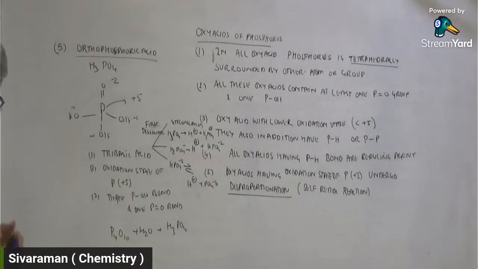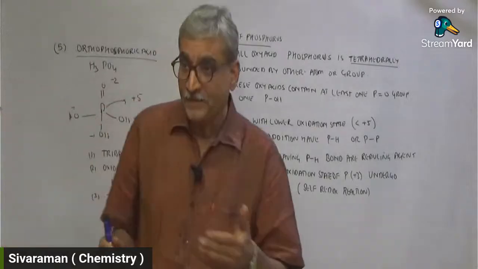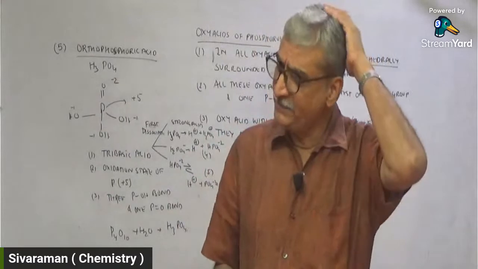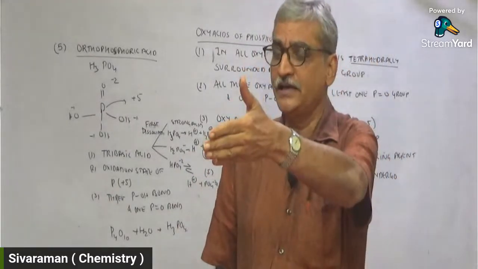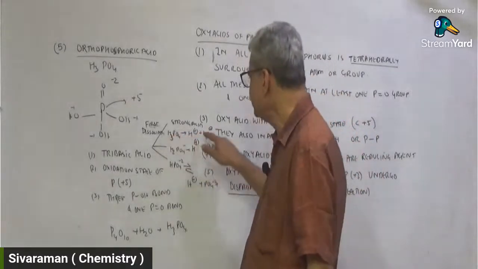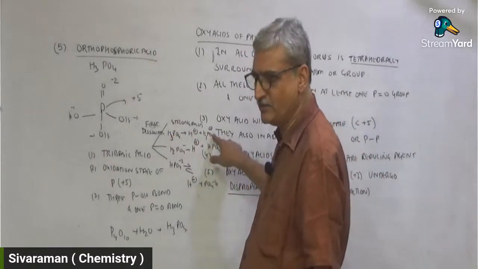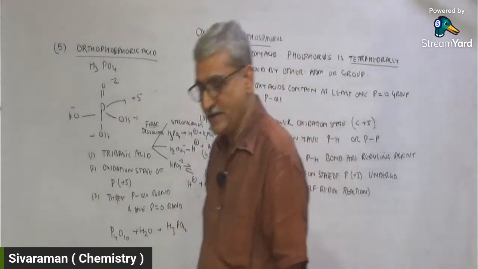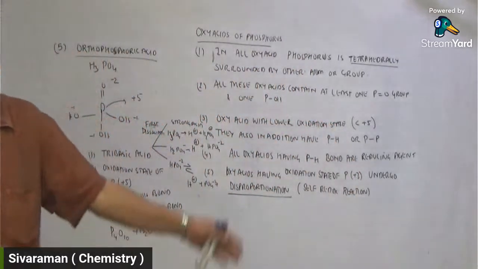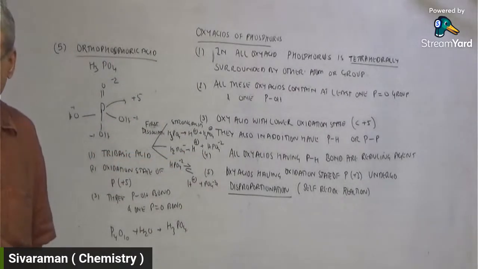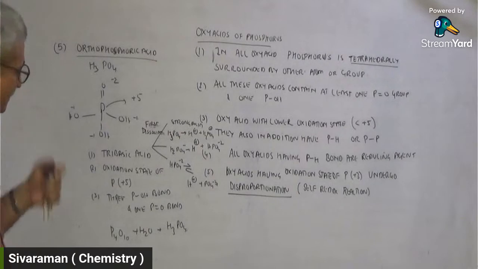This is clear. In fact, I'll tell you very honestly, this was one of the exercises given to us in our MSc practical to find out the Ka value of this, because if it is dissociating completely, there is no Ka value. So using acid-base titration, they were expecting us to find out the Ka value. Of course, we didn't use an indicator. We used a pH meter.